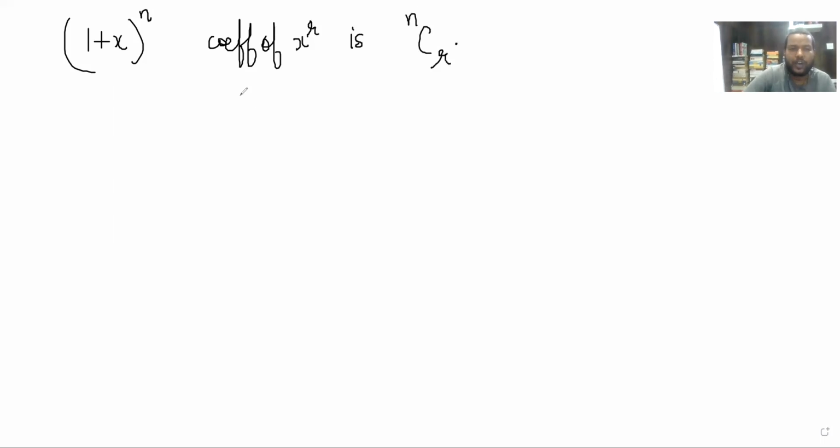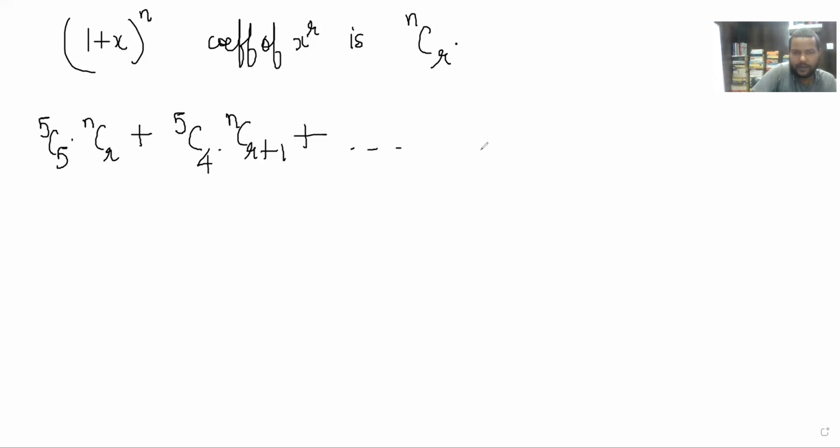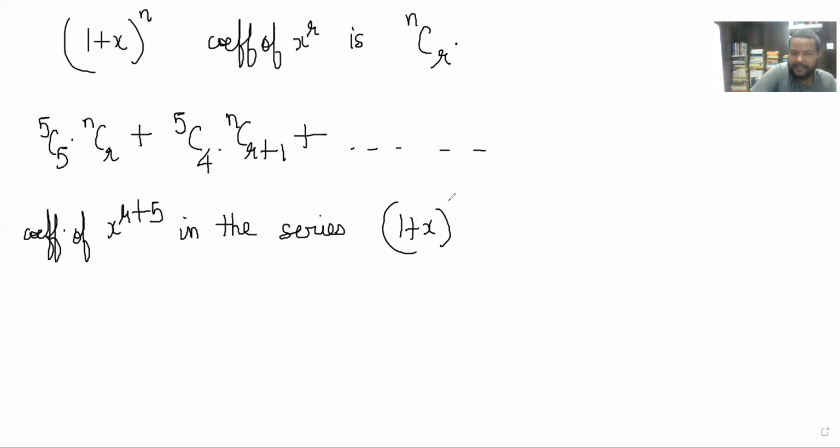So if you have (1 plus x) to the power n, the coefficient of x to the power r is nCr, right? Now here, because we had 5C5 into nCr plus 5C4 into nCr+1, and so on, let's think of the coefficient of x to the power r plus 5 in the product of the series (1 plus x) to the power 5 multiplied by (1 plus x) to the power n.